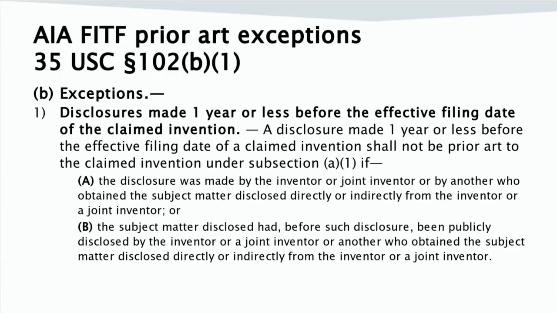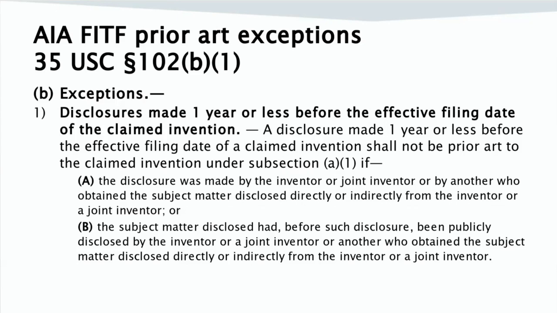We will now discuss the exceptions to 102(a)(1) prior art. AIA, FITF, or First Inventor to File, Section 102(b)(1) sets up exceptions to 102(a)(1) prior art by establishing a grace period of 1 year following any disclosure made by or originating from the inventor or a joint inventor.